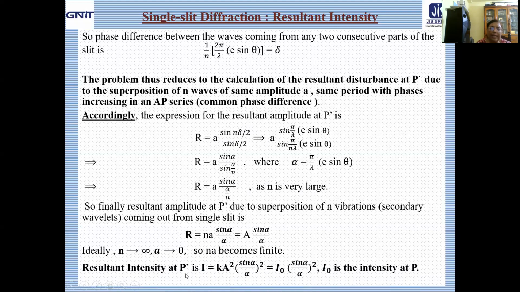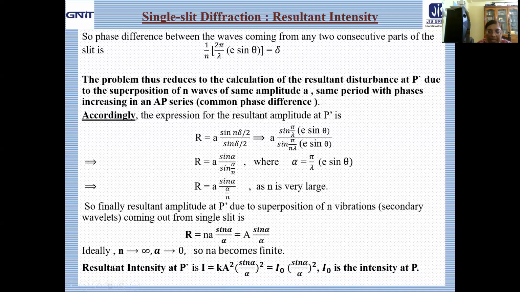So resultant intensity at P prime, you all know that I is proportional to R square. That means K into R square. That means K into A square sine alpha by alpha whole square, where K is the constant of proportionality. Now, this K A square is nothing but I0, where I0 is the intensity at the point P, just directly opposite to the slit, which we are going to check right now.